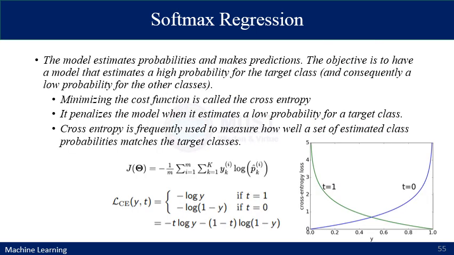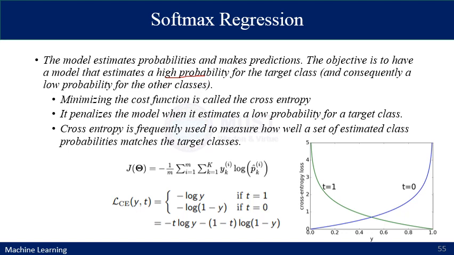Once you estimate the probabilities and make a prediction, the objective here is to have a model that estimates a high probability for the target class and consequently a low probability for the other classes. So the cost to minimize is called cross entropy.